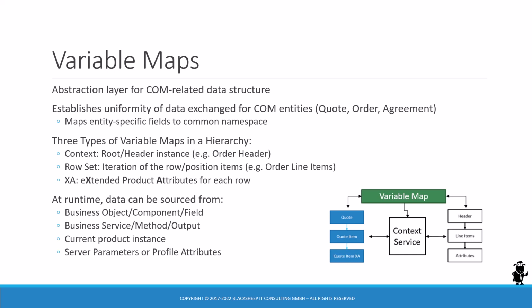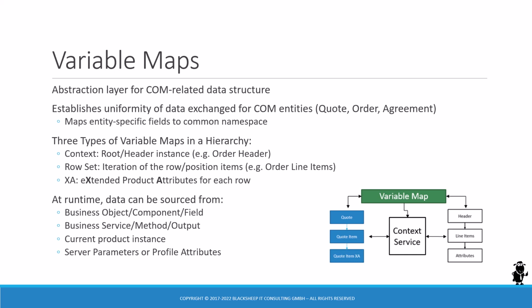So variable maps allow us to map a quote, order, agreement, or other entities into a common namespace, and that common namespace is then forwarded to the pricing or product selection pricing procedure workflow.